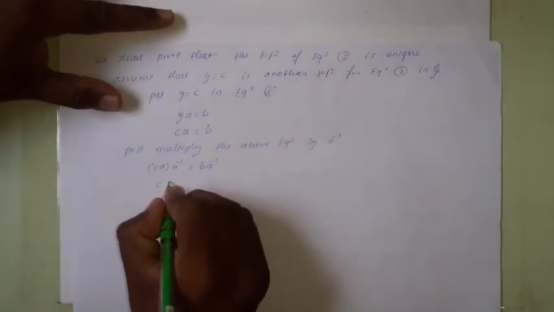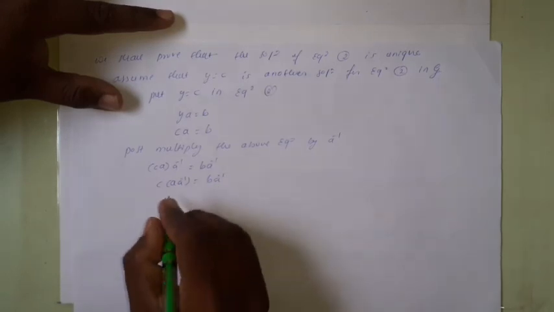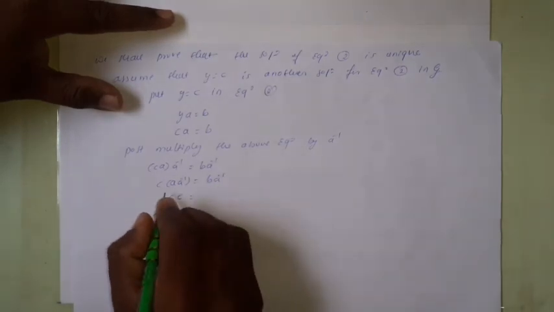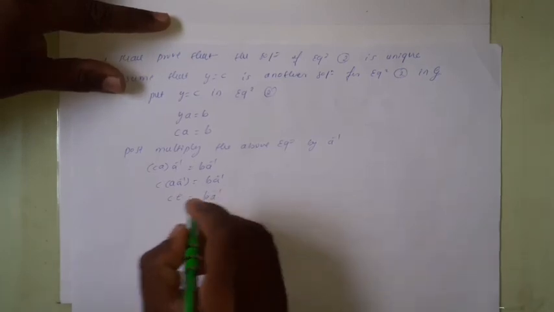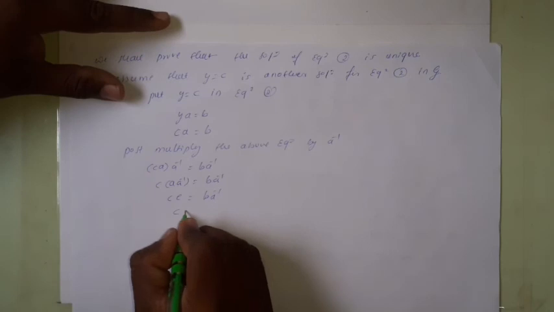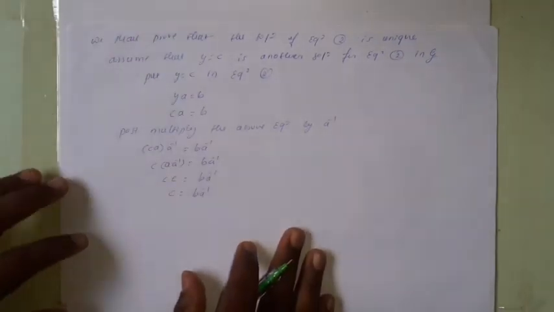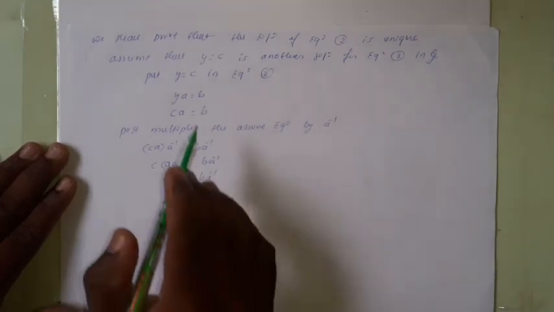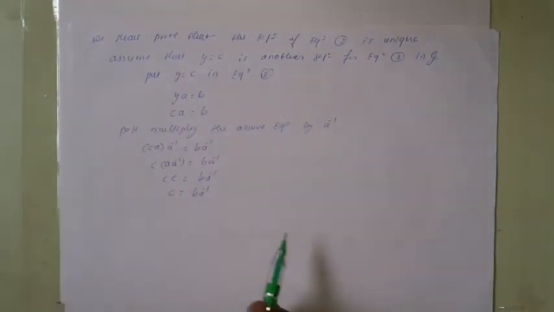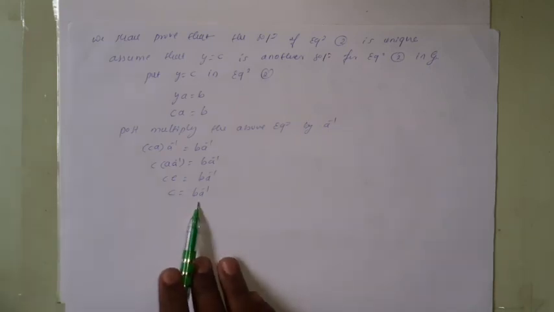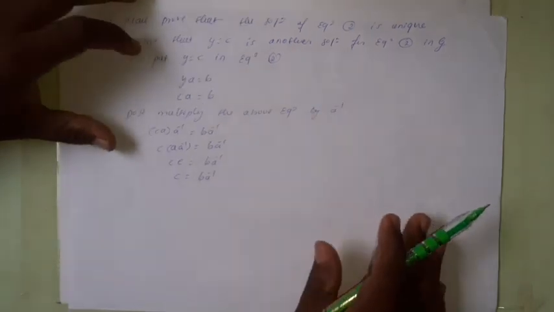Then this one is C into A A inverse equal to B A inverse, then because of the inverse property, C into E is equal to C and it is equal to B A inverse. So here we assumed C as a different solution, but we are getting the same value that we had obtained previously, that is B into A inverse.